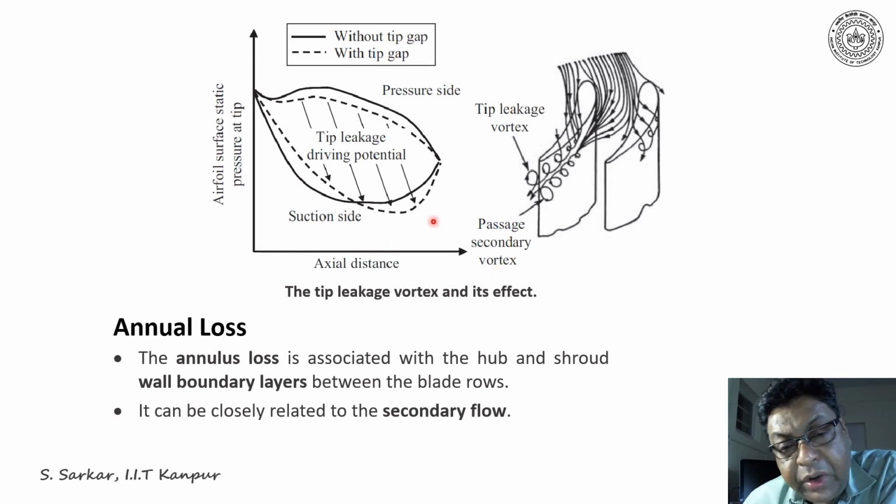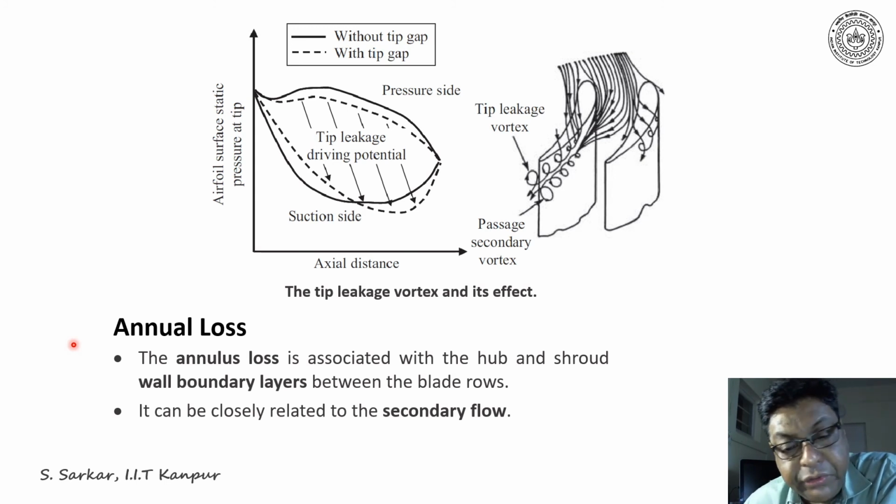And look here towards the second half of the suction surface, the adverse pressure gradient is much steeper with tip leakage vortex.